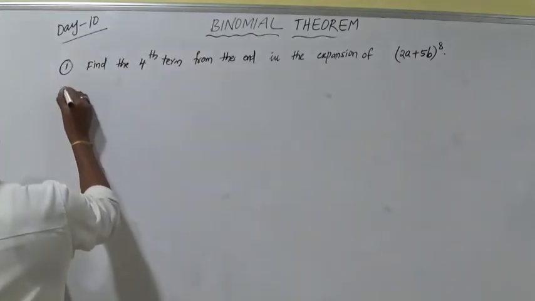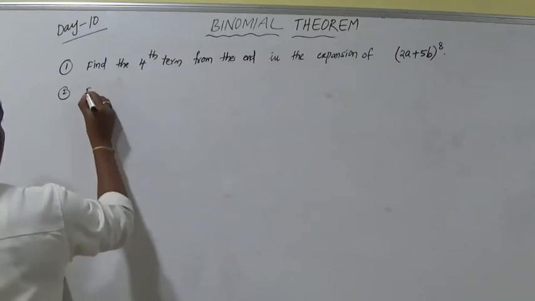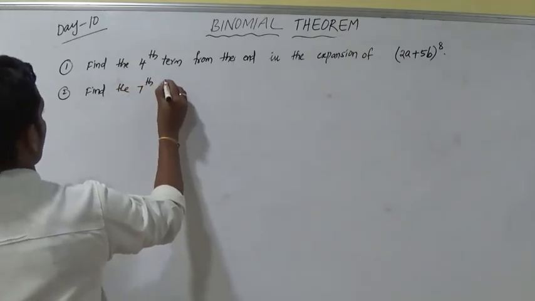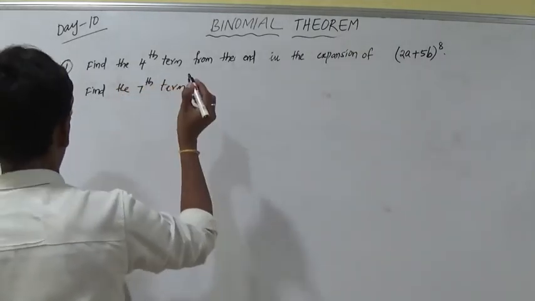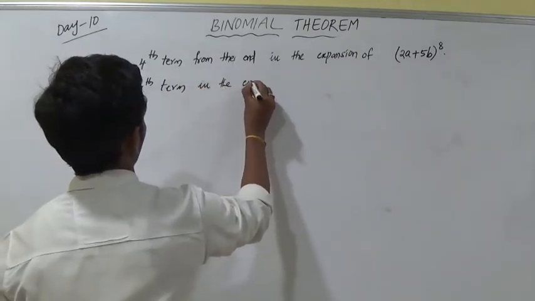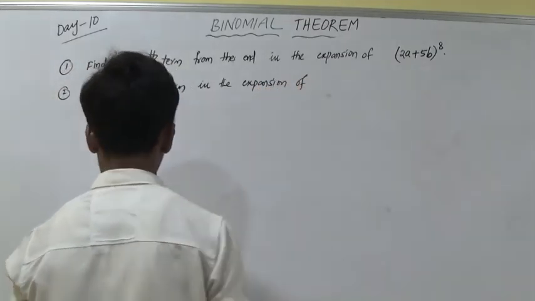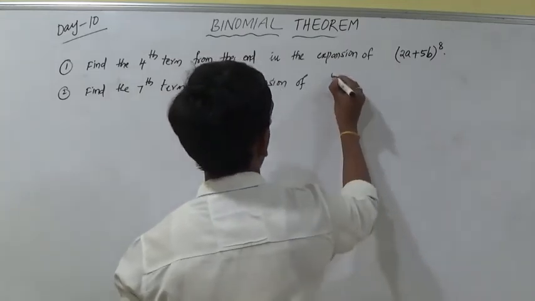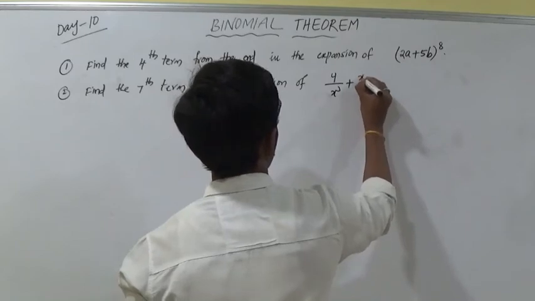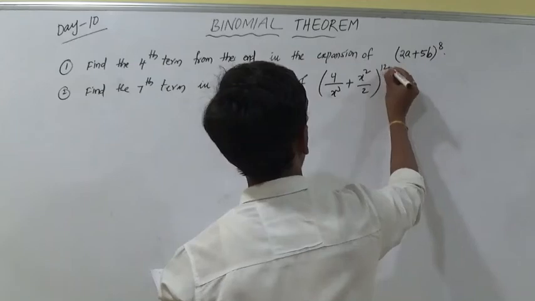Second question. Find the seventh term in the expansion of (4 by x cube plus x square by 2) whole to the power of 12.